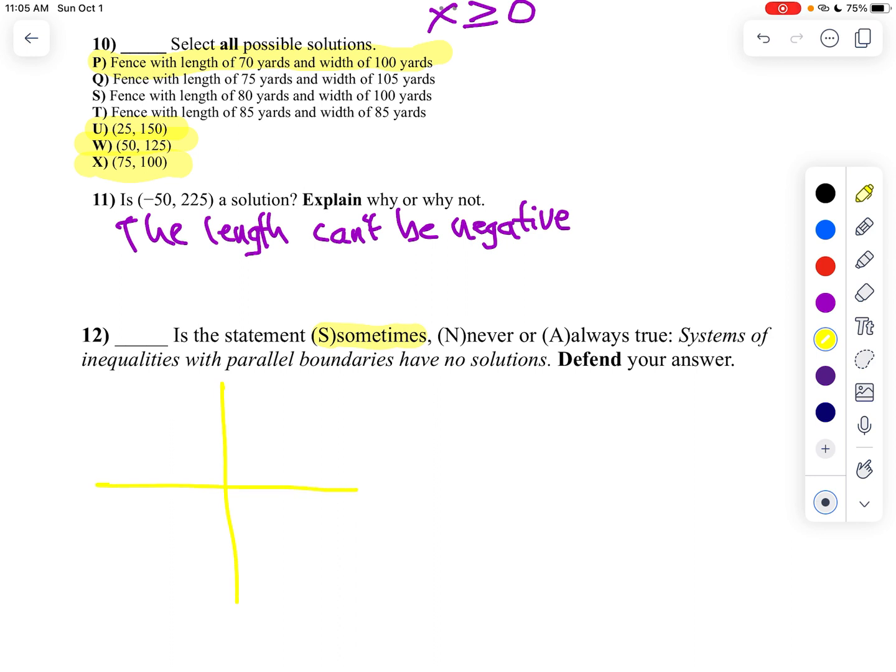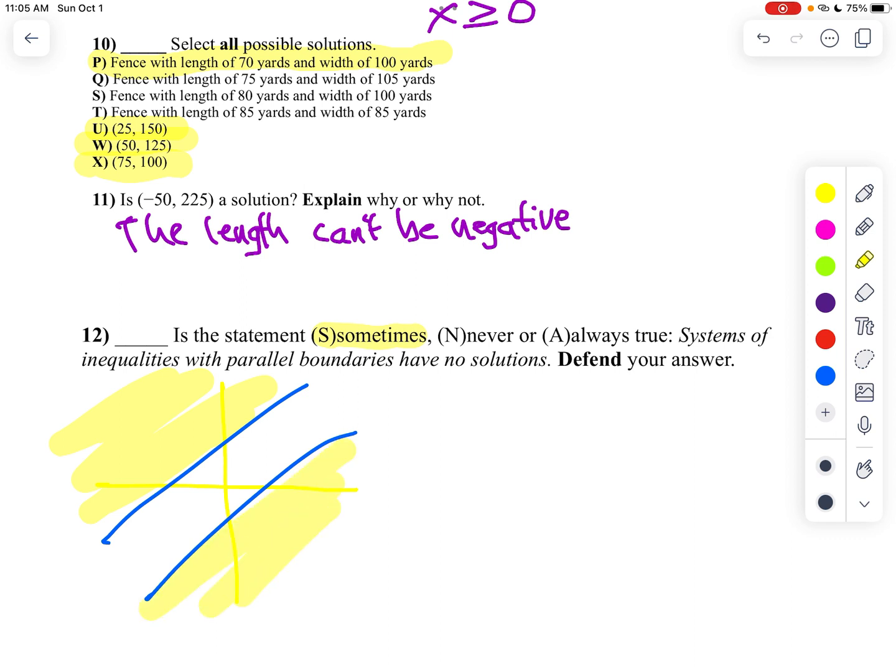So if I have a system of equations, one's greater than, one's less than, and like in this case, the top one would be greater than, the bottom one would be less than, that would be no solution.